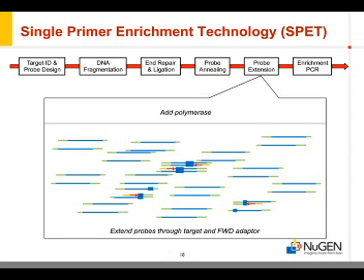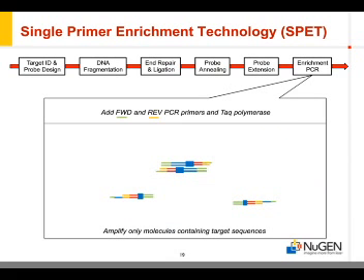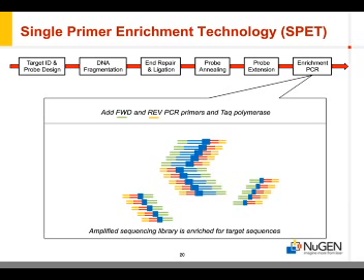And all we have left at this stage is to take these enriched molecules, and we can see this on the next slide. We'll amplify only these molecules that contain the target sequence and the forward and reverse flow cell adapter. And after amplification, now we have an amplified sequencing library that is ready to go on an Illumina sequencer.